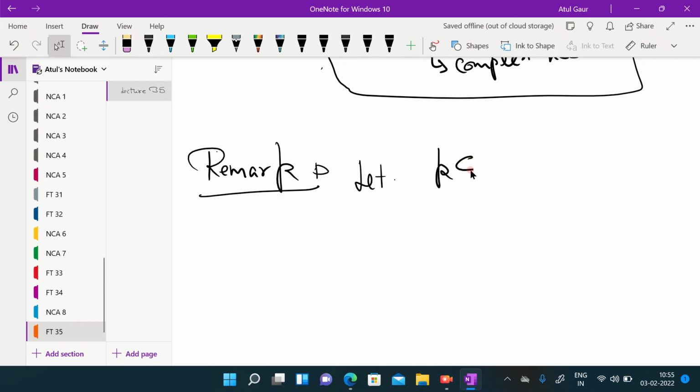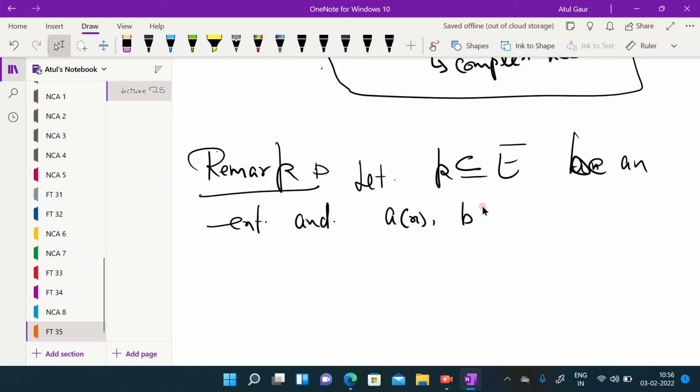So suppose you have an extension field K contained in E, an extension, and maybe what you want to call a(x), b(x), any polynomials in K[x], such that b(x) divides a(x).